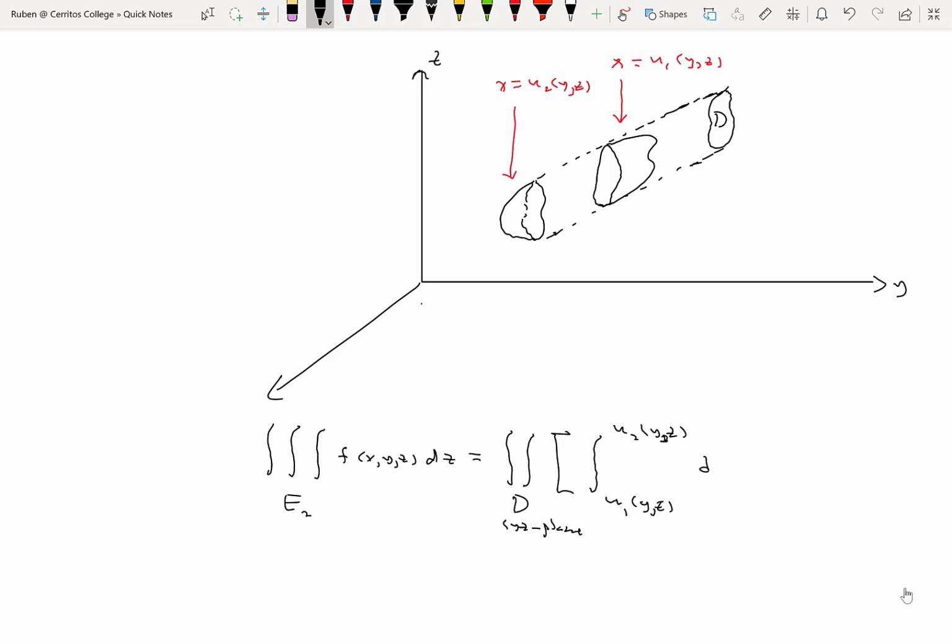We're integrating that in the x direction, so dx, and then doubly integrate the result in the yz plane, dA.